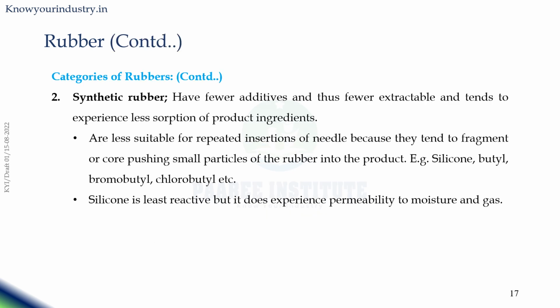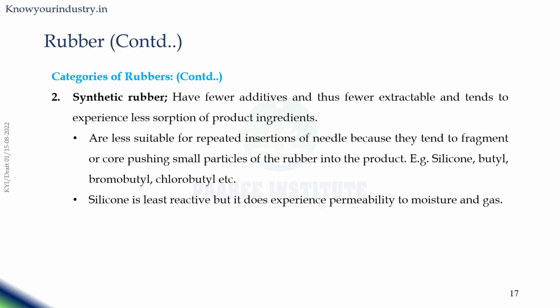There are two different varieties of rubber: one is natural and another is synthetic rubber. Nowadays synthetic rubbers are being used; they have fewer additives and thus fewer extractables, and tend to experience less absorption of product ingredients.